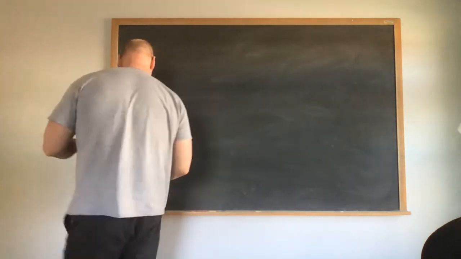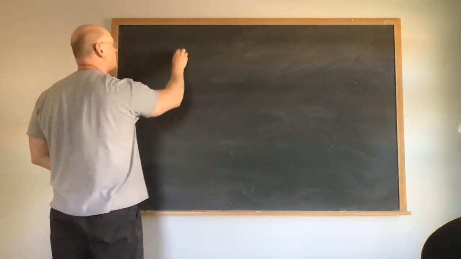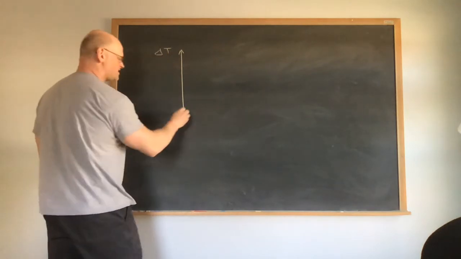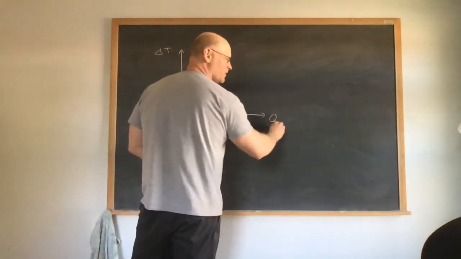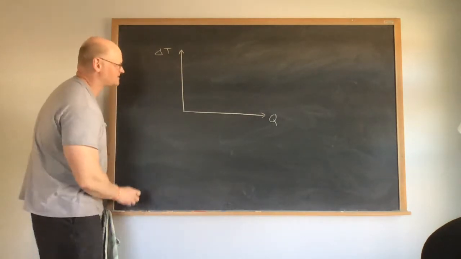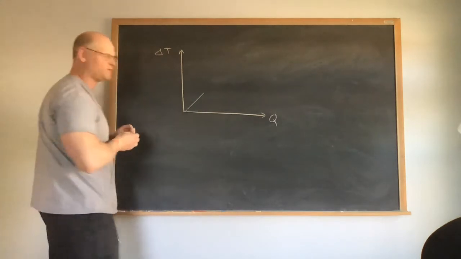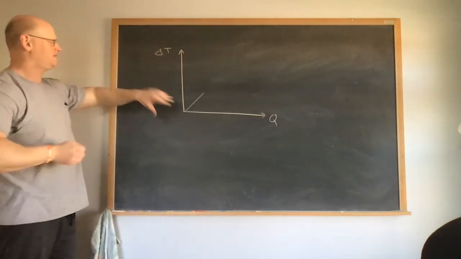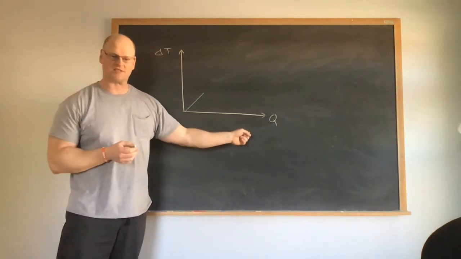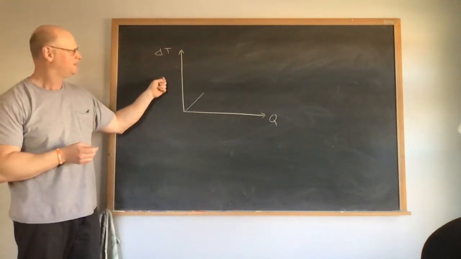So if we're away from what's known as a phase transition, what will happen then is what? If I plot the temperature, say, on this scale, or at least the change in temperature, versus the heat flow, in this situation, if I'm away from what's called a phase transition, there turns out to be a linear relationship between the heat and the temperature, meaning as energy goes into the system, that then increases the temperature of the system.